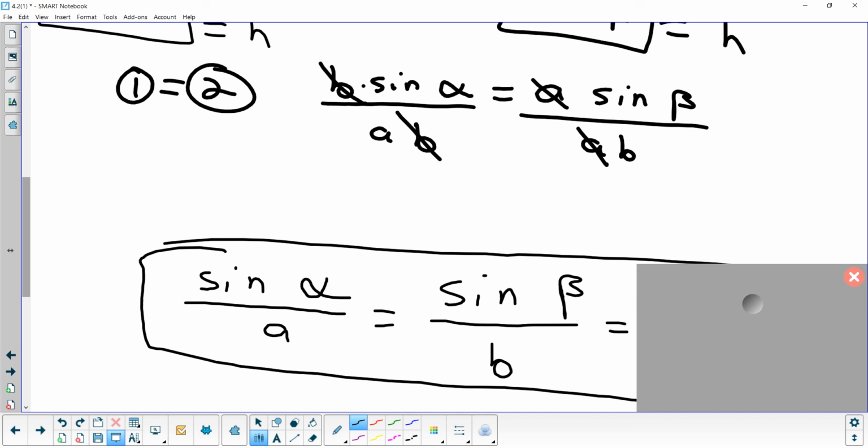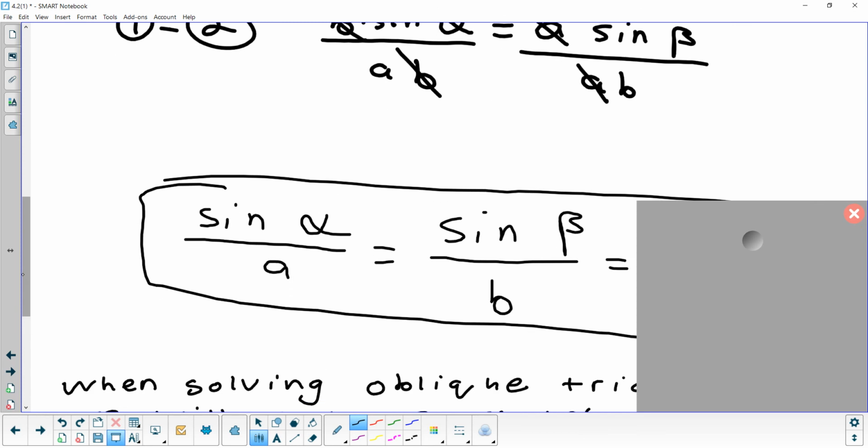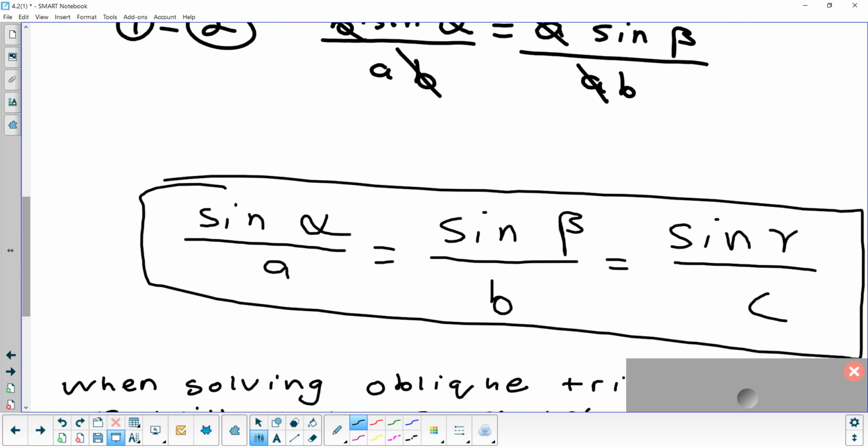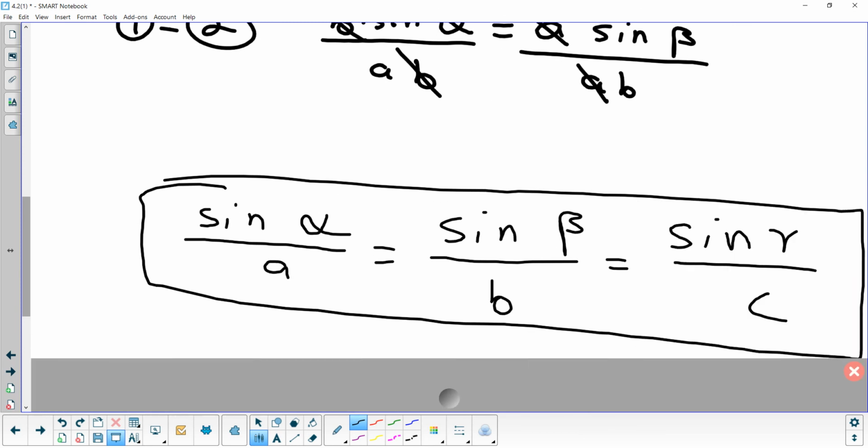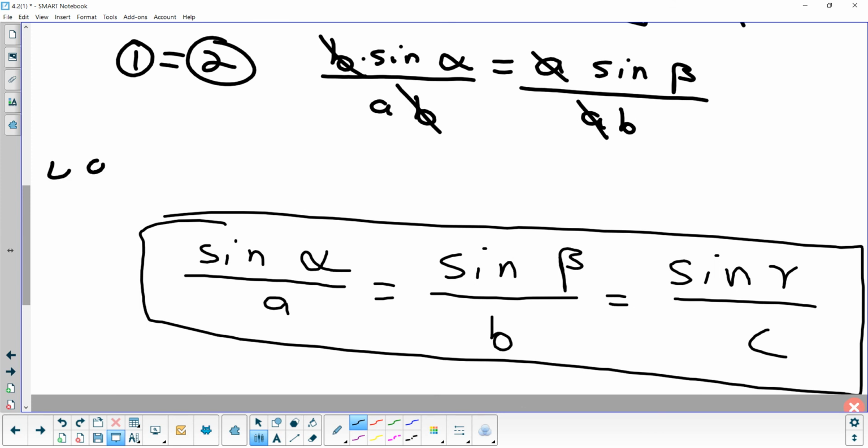Anybody have a guess based on the pattern what the last fraction is? Sine of gamma over c, yes. So that is the law of sines.